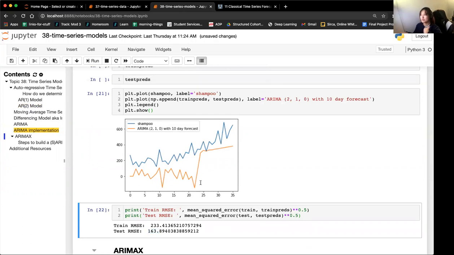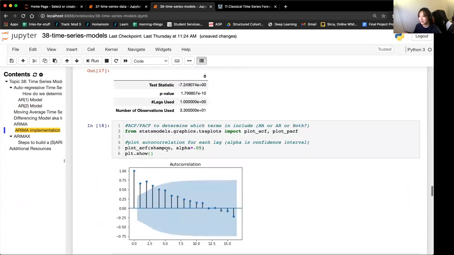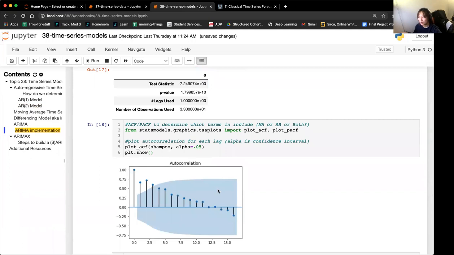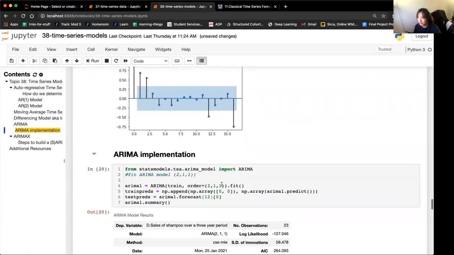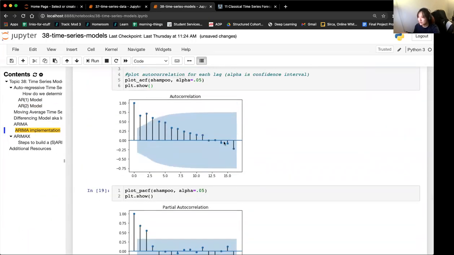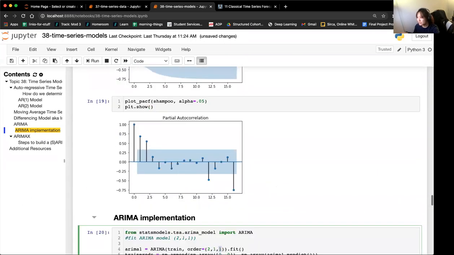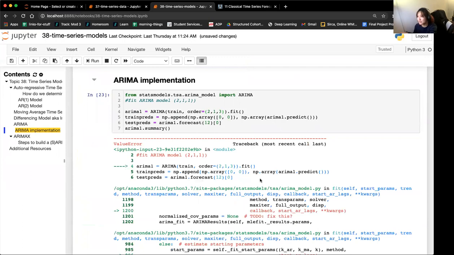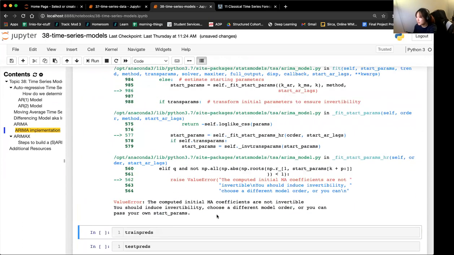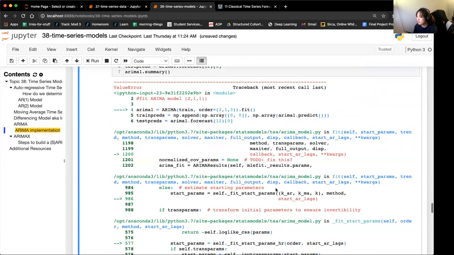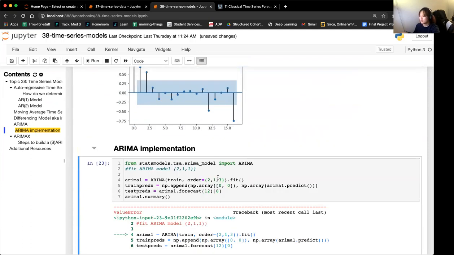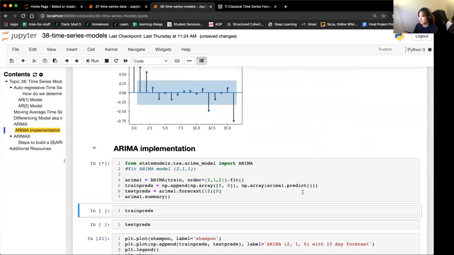We did see that it is likely that we're going to have more moving average terms. So let's try that really quickly. It says around 3, maybe 2 moving average terms. Let's try 3 just to see what happens. Oops, what happened here? Let's try 2 first.